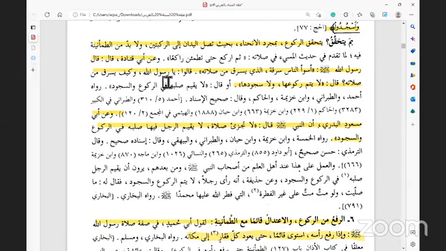Doing it so fast and changing from ruku' to sujood is actually called stealing in salah. So what am I stealing? You're not stealing from somebody else's pocket, but it's like you're being slick and you're trying to just change from one posture to another.